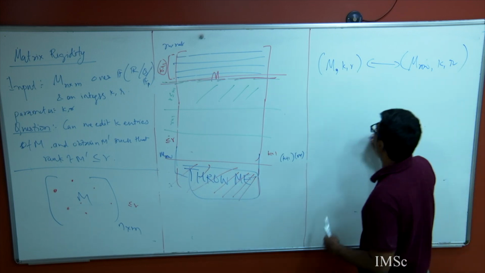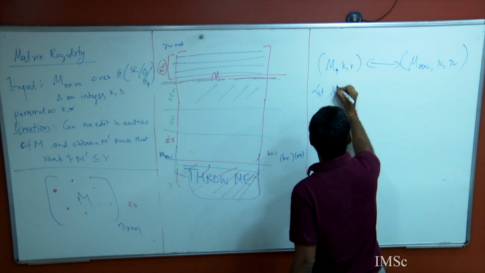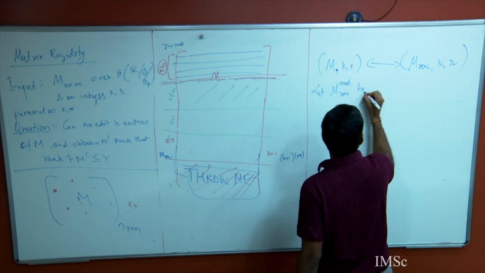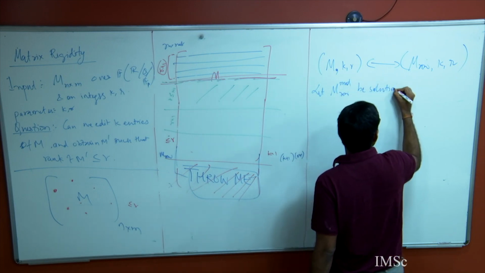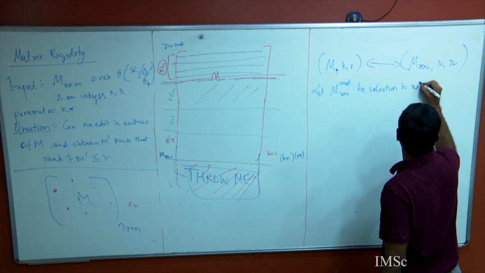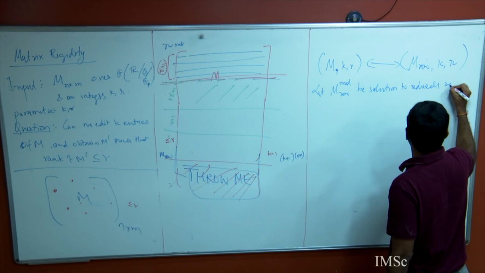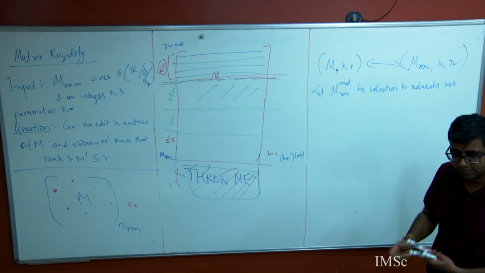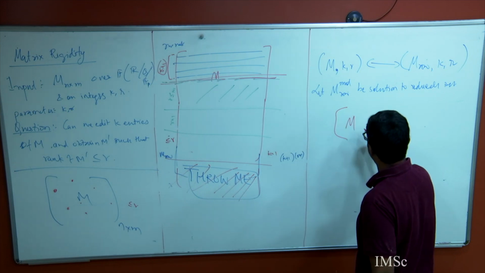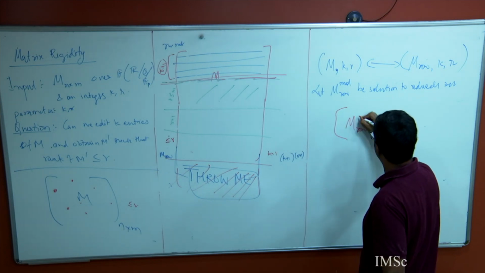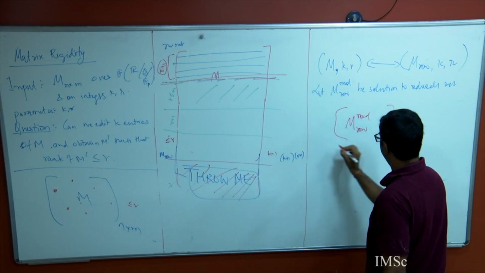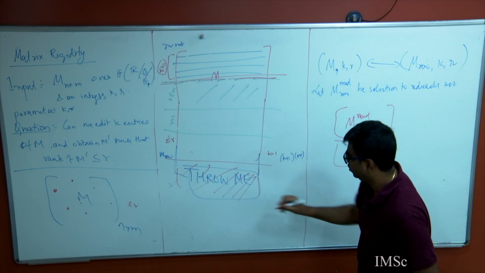Okay, let M-row-mod be a solution to the reduced instance. What I am going to do is put on the top M-row-mod, the modified thing, and below it I am going to put the thrown-away rows.